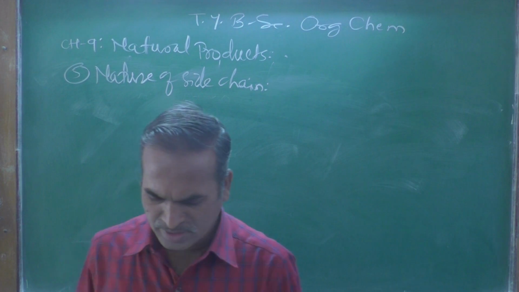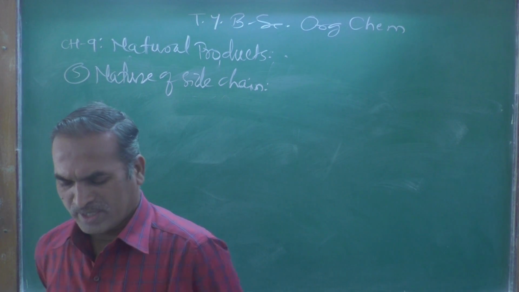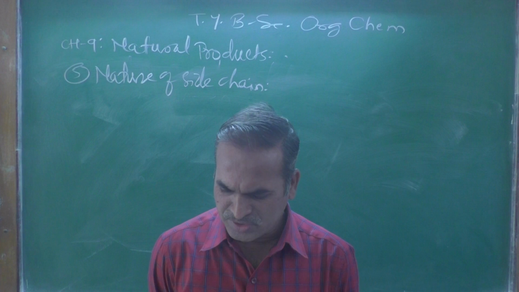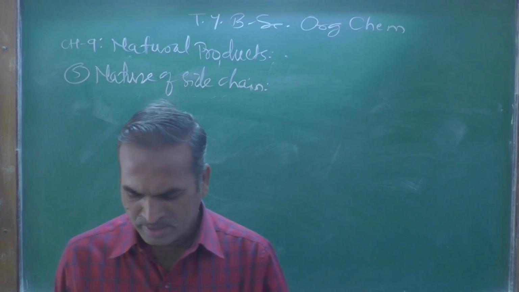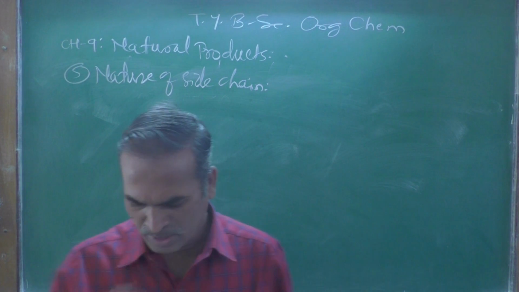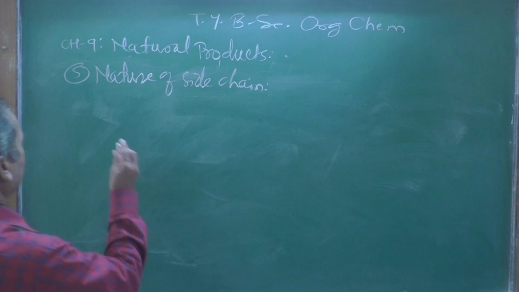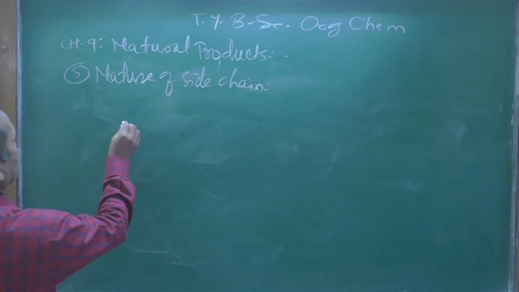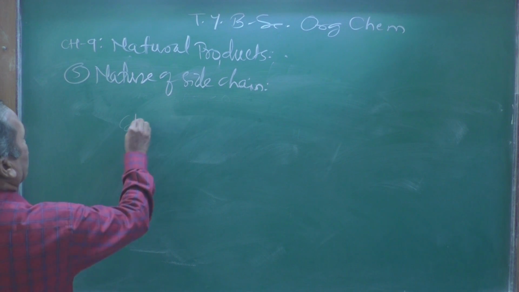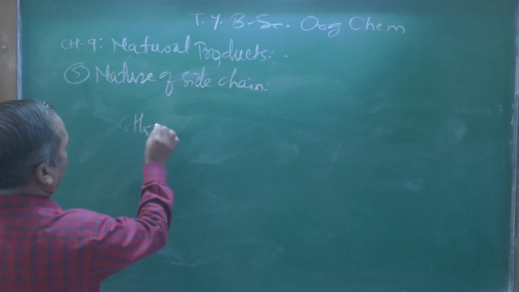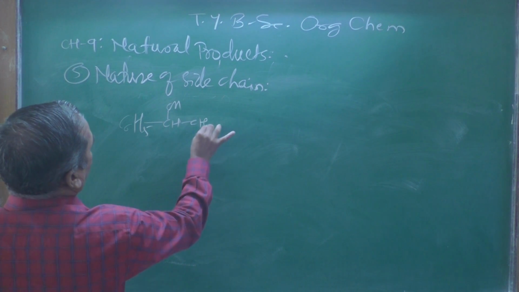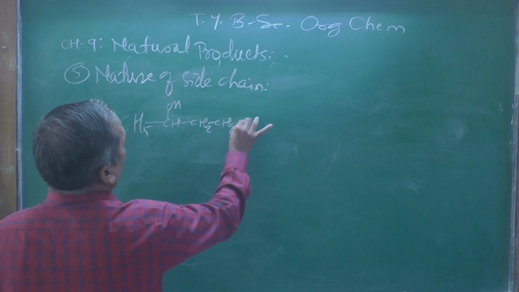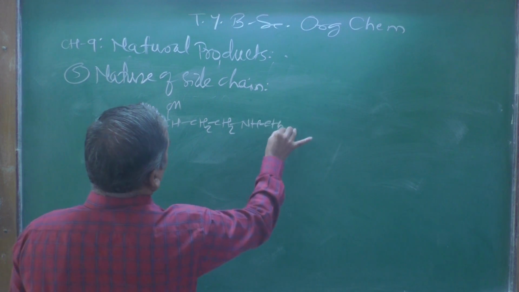Right now we are discussing that the two possible structures of the side chain in ephedrine may be as follows. Let us see here. C6H5, that is the phenyl ring, then CH-OH, then CH2, NH, CH3.